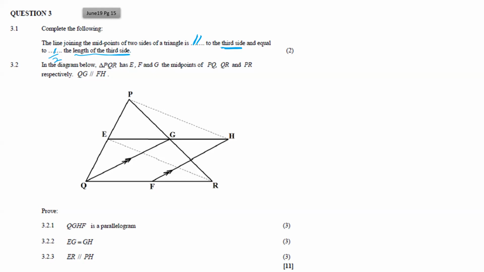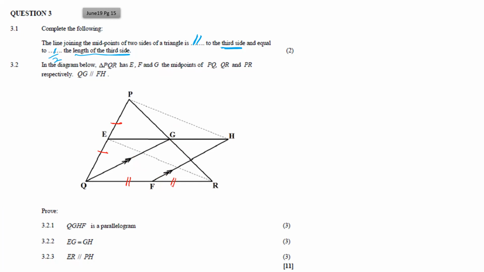It says that triangle PQR has E, F, and G. They are the midpoints. Now I'm going to quickly mark that. If those are the midpoints, it means that is equal to that. Then they said F is a midpoint, so we're going to say that's 2 and that's 2. Those two are equal.